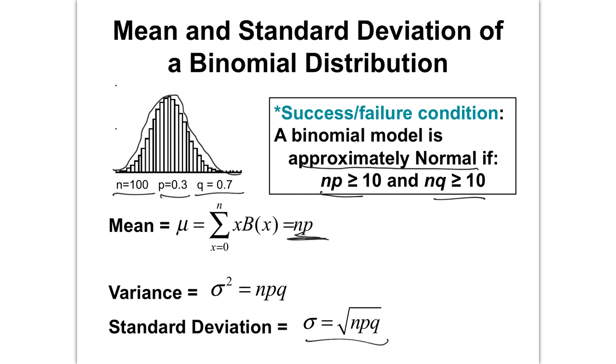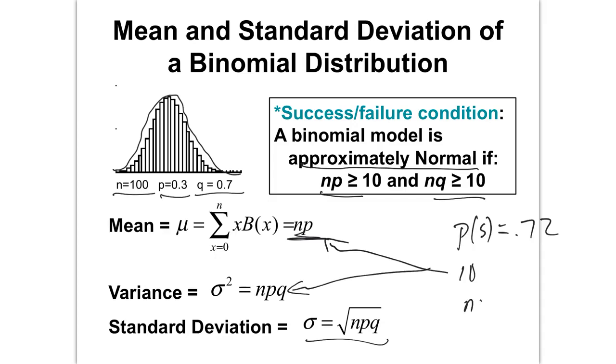And you can ask, what is the probability if you do 100 trials or 20 trials or 30 trials, whatever, if the probability of success is 0.72? Then you can take the normal model. If you have 100 trials, then the mean is np, the standard deviation is the square root of npq, and all you have to do is check that np is greater than 10 and nq is greater than 10.